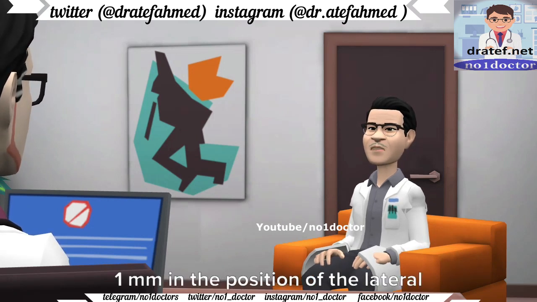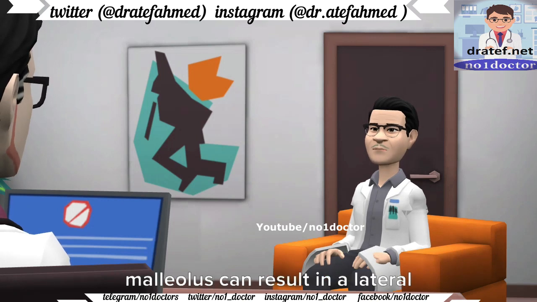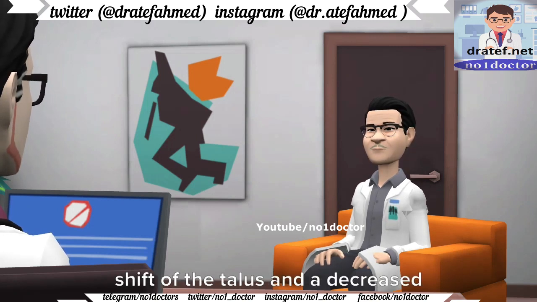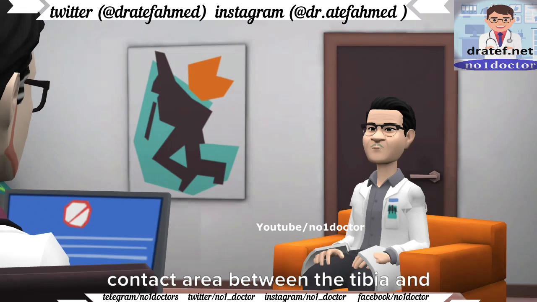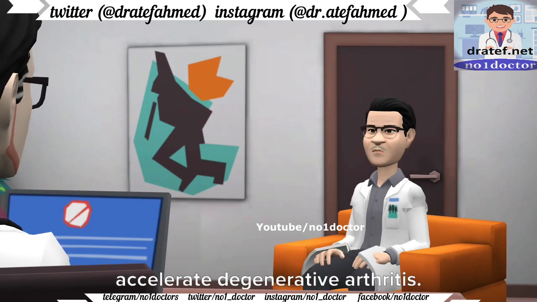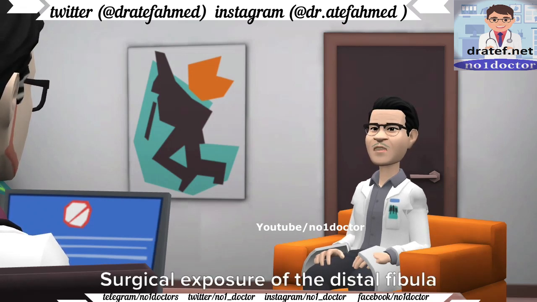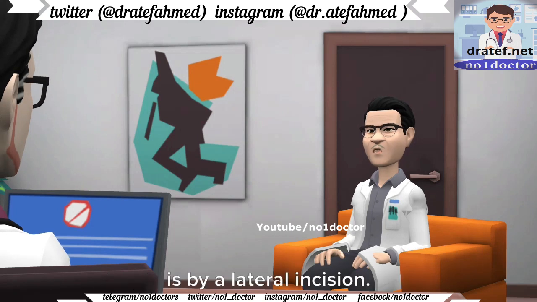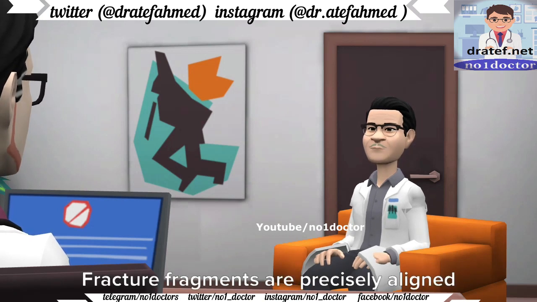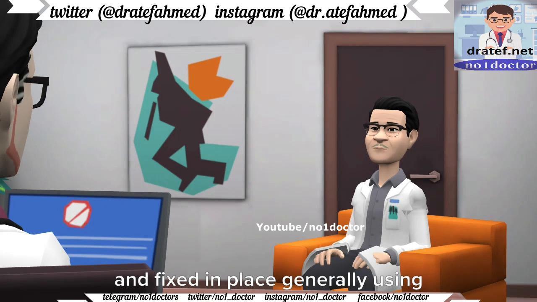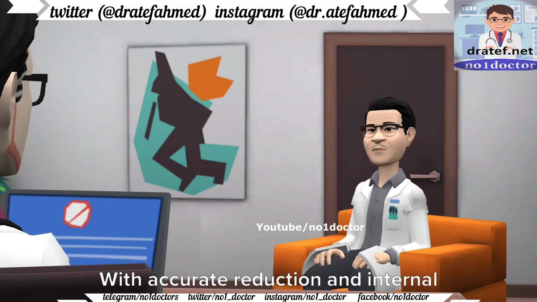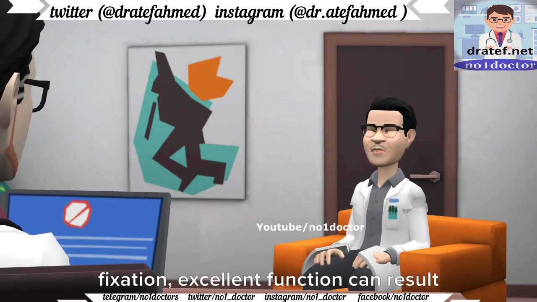Even a disruption of as little as 1 mm in the position of the lateral malleolus can result in a lateral shift of the talus and a decreased contact area between the tibia and talus of almost 50% and can markedly accelerate degenerative arthritis. Surgical exposure of the distal fibula is by a lateral incision. Fracture fragments are precisely aligned and fixed in place generally using a screw and plate device. With accurate reduction and internal fixation, excellent function can result.